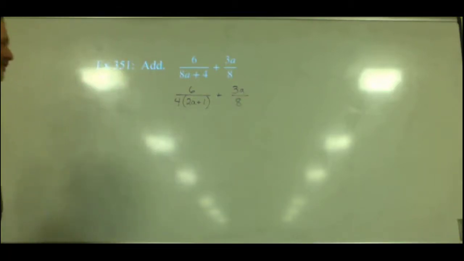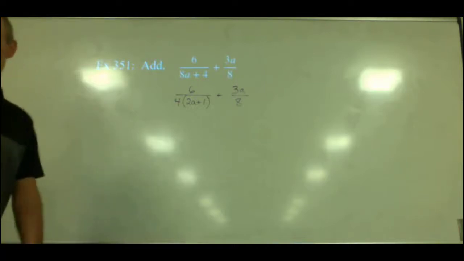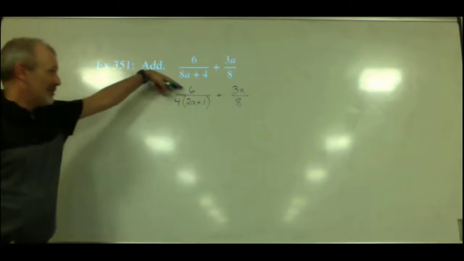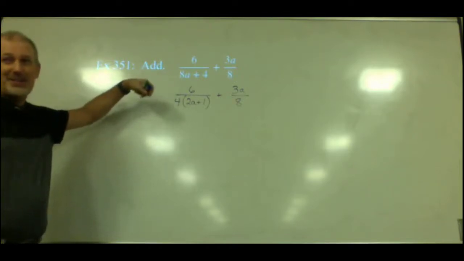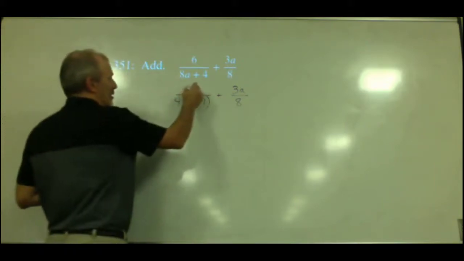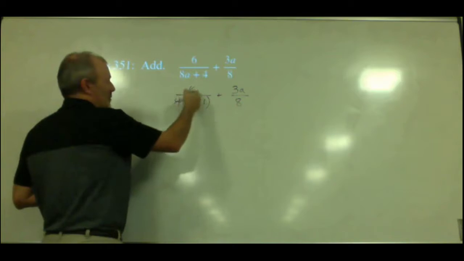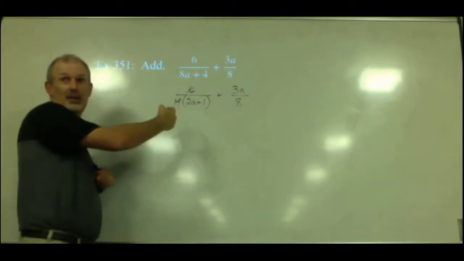Okay, now, if we're being smart, do we see that we can reduce the 6 and the 4? It ends up not being as smart this time, but we still should look for it. We can reduce the 6 and the 4, and this becomes what on the top? 3, because what can we divide them both by? 2.